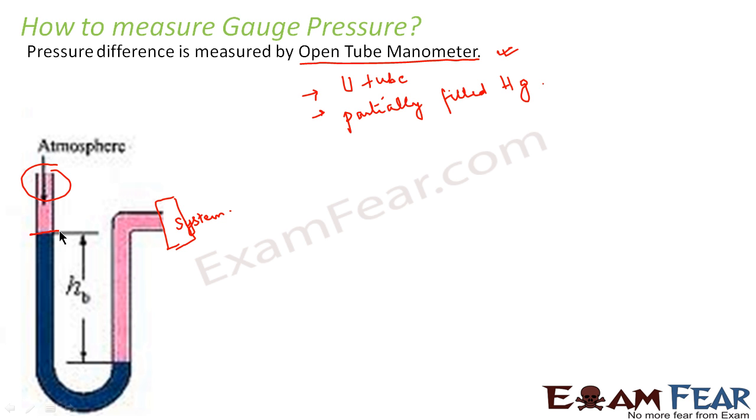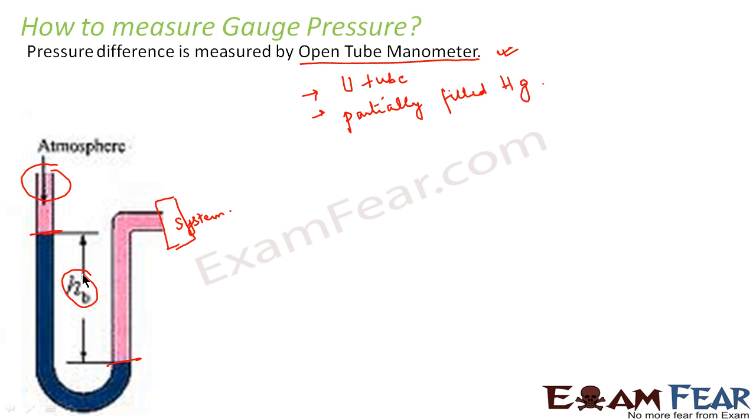Now the difference between these two heights is nothing but the difference between the atmospheric pressure and the system pressure. So this height determines the gauge pressure. Correct? So I hope you understood how this U-tube or open tube manometer helps us to evaluate the value of gauge pressure. It is a U-tube.